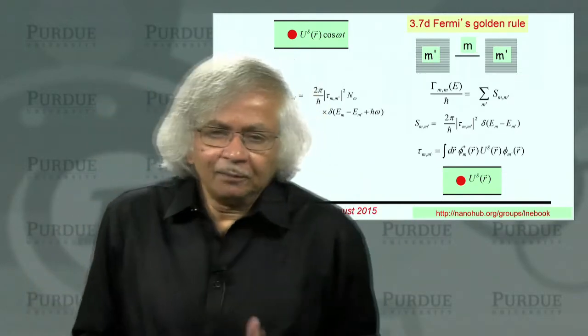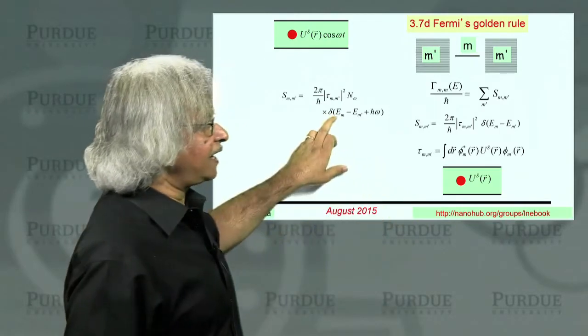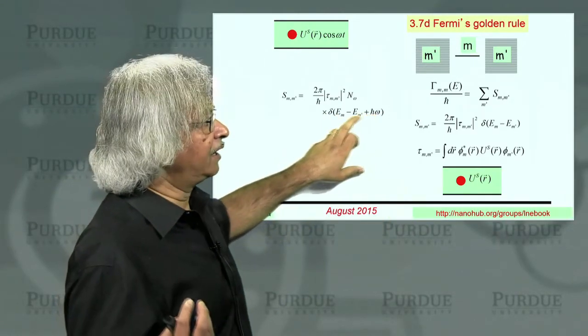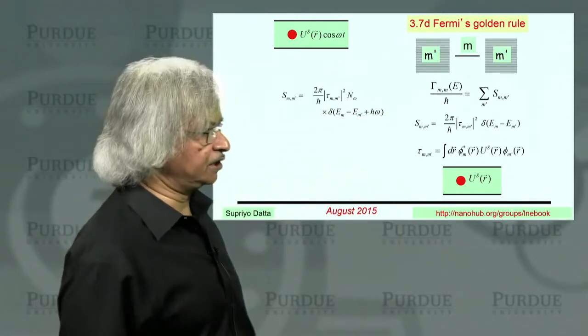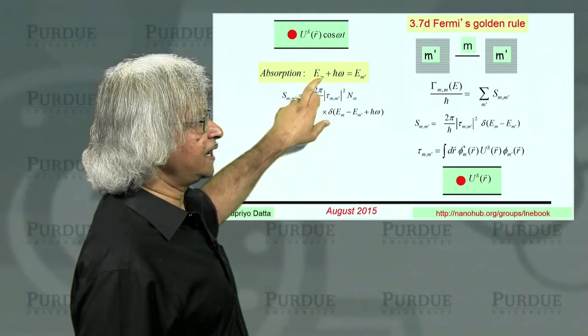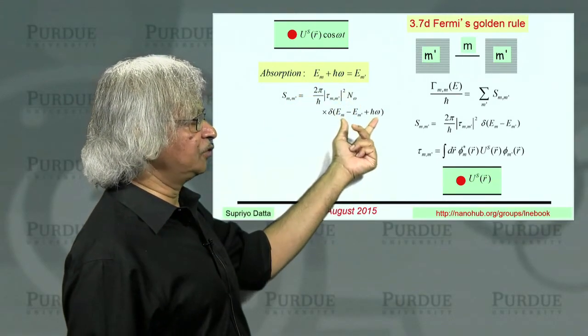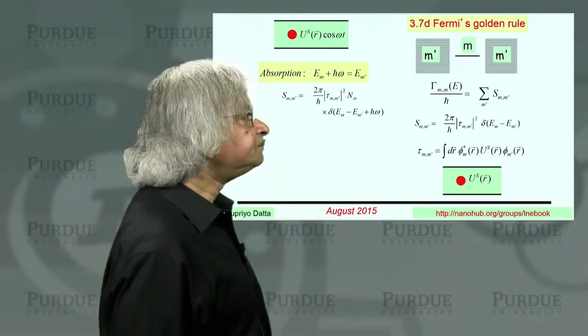And you interpret that as saying, well, what the electron did was it was in state m and it absorbed a phonon of energy h bar omega and went to the state Em prime. So this is what you might call the absorption term. So usually Em plus h bar omega equals Em prime. And in that case, the argument is 0, so the delta function gives you a non-zero result.